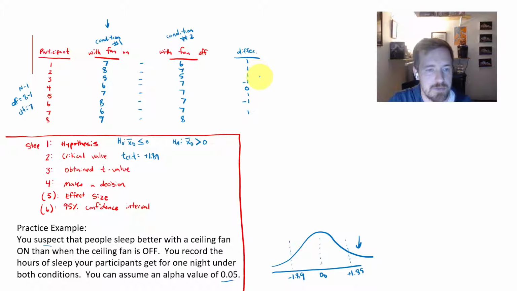You're probably screaming it at me. This should be 0. Why, 5 minus 5 should be 0? What was I thinking? Is this right? So 7 minus 6 is 1, 1, 0, 6 minus 7 is negative 1, 7 minus 7 is 0, 8 minus 7 is 1, negative 1, 1.